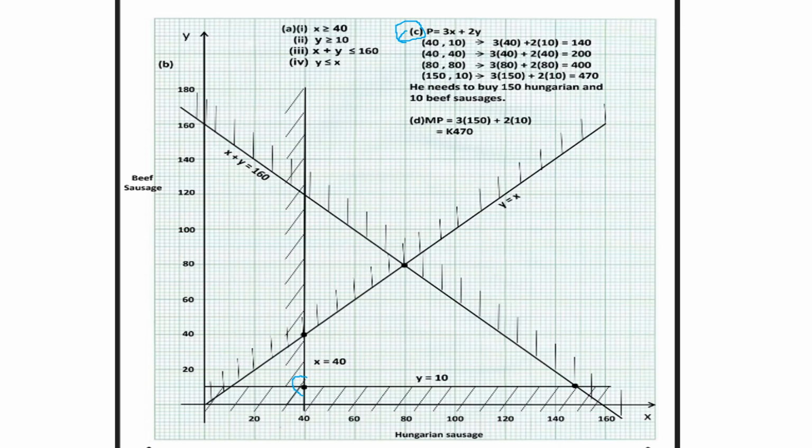The first one, you can see this one is 40,10, which is here. Then we have another point here, which is 40,40, which is this one.